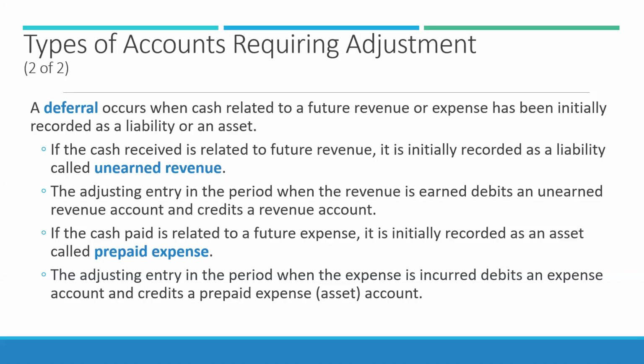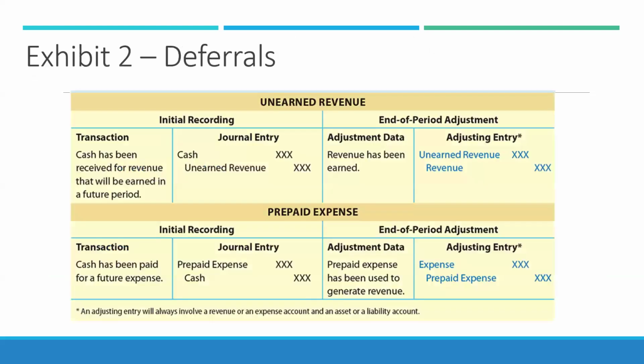Primarily, that's supplies. Oftentimes, it's prepaid rent, prepaid insurance. So we pay it up front, but we haven't used it yet. As we use it up, we reduce that asset and we increase the expense. Okay? So with deferrals, we've paid the cash up front, but we're now recording the use of it or the revenue earned.